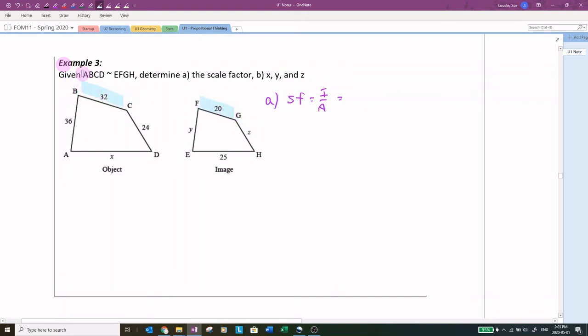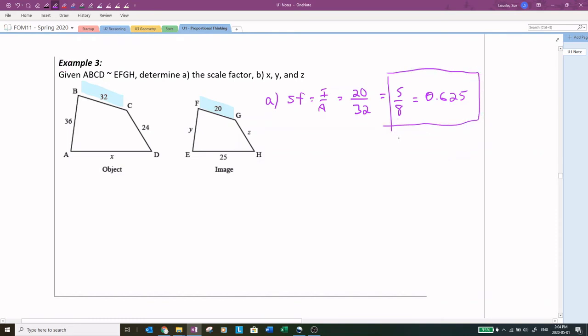So those are the numbers that we'll use for the scale factor. So image is 20 and actual is 32. So our scale factor reduces to a fraction of 5/8, or we can write it as a decimal, 0.625. Okay, so that's the scale factor. Either of these is okay.